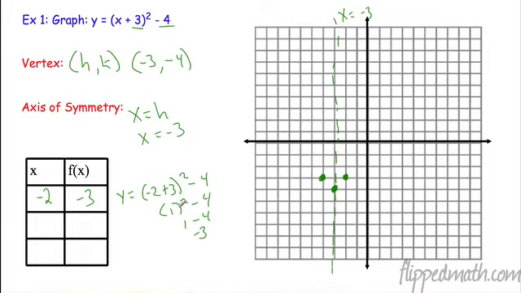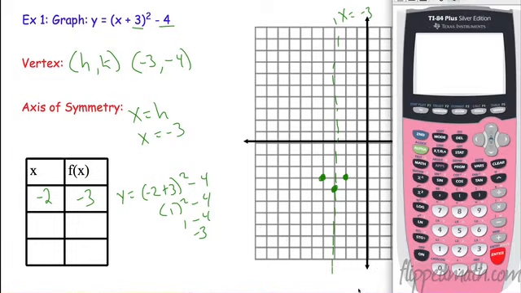Now, I can do this, and it's real easy. All right, another trick you could use, and if you remember how to use your table and your graph and your graphing calculator, it makes life real easy as well. Put in our equation, x plus 3 squared minus 4. And we want our table. So I'm going to do second table.